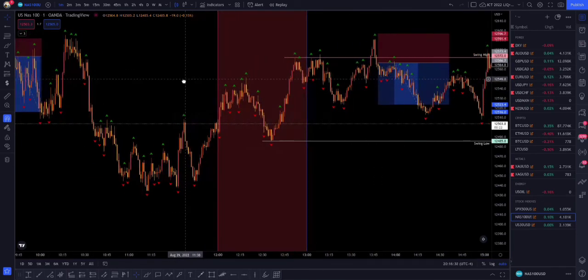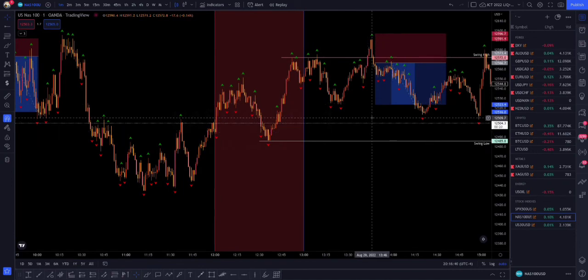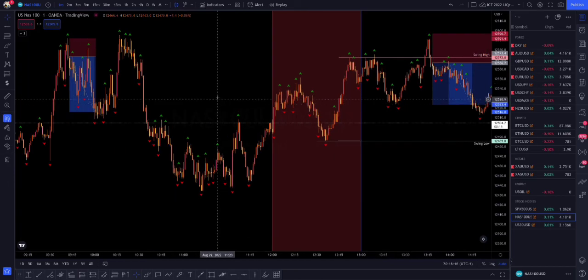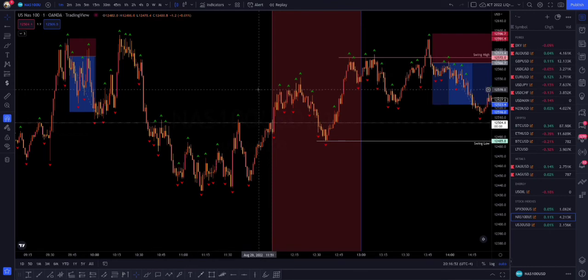So that was my 630 points for the day, trading the NASDAQ using ICT's 2022 mentorship scalping strategy. Like I said, I call it the liquidity finesse.